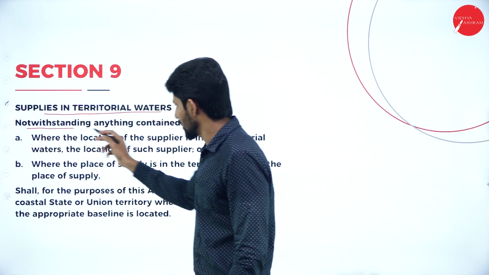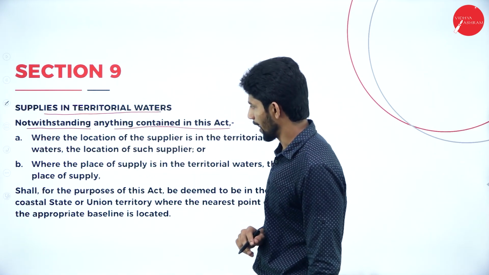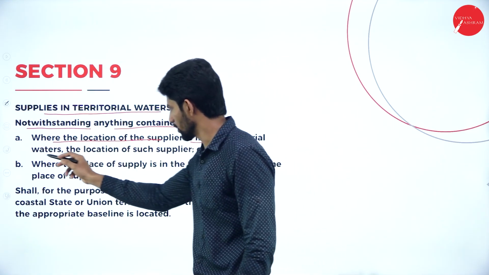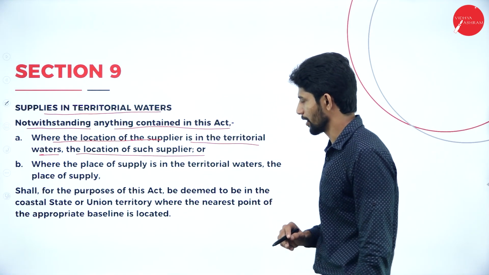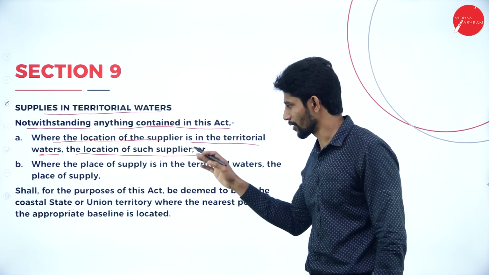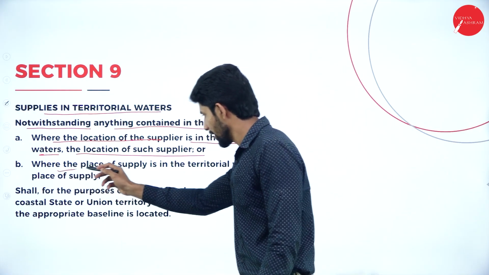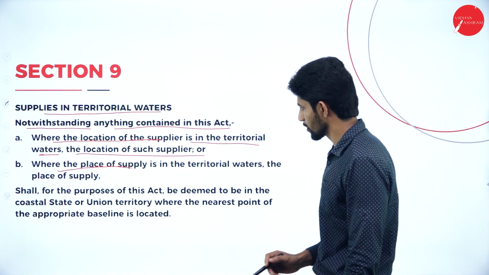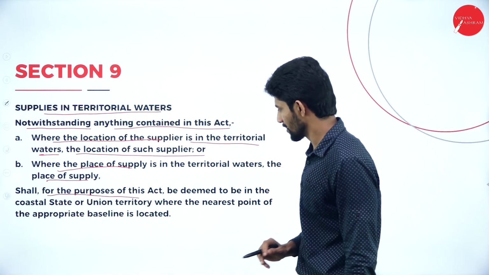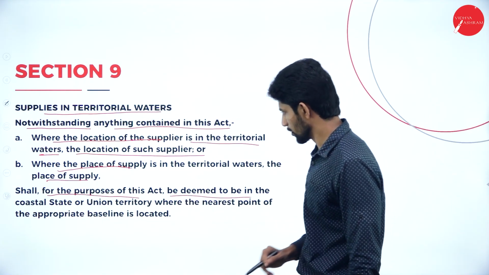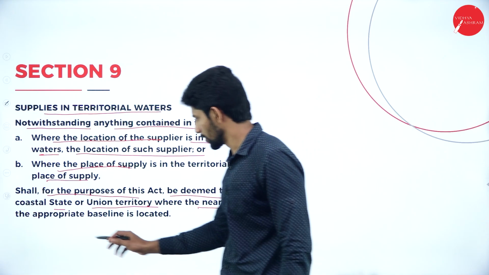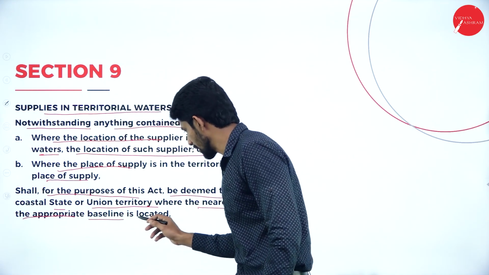So, notwithstanding anything contained in this act, where the location of the supplier is in the territorial waters, the location of such supplier, that means the location of the supplier, if it is in the territorial waters, the location of such supplier where the place of supply is in the territorial waters, the place of supply shall, for the purpose of this act, be deemed to be in the coastal state or union territory where the nearest point of the appropriate baseline is located.